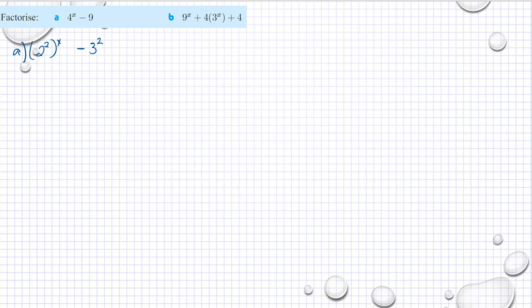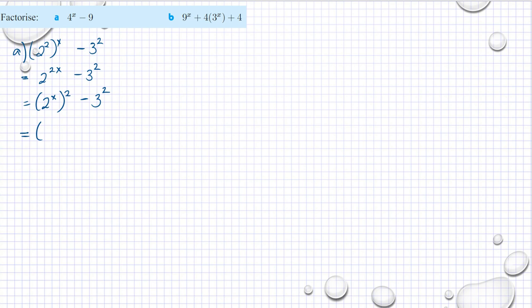We can do it this way: 2 raised to 2x minus 3 raised to 2, and then we have 2 raised to x raised to 2. Changing the places, it's the same. Minus 3 raised to 2. Now we see that we have 2 squares, and we need the difference of 2 squares.